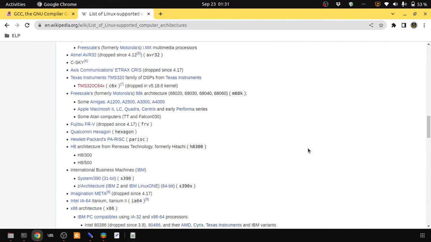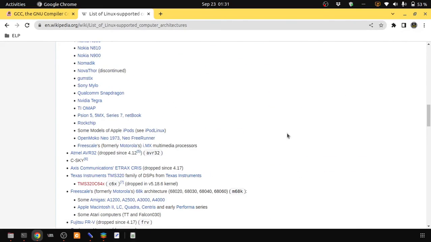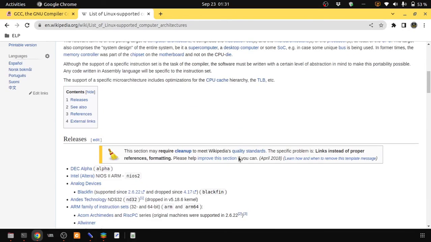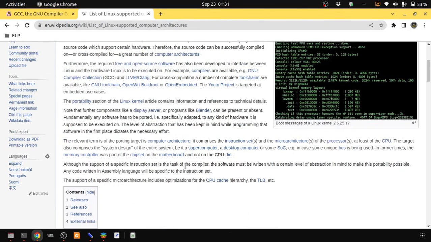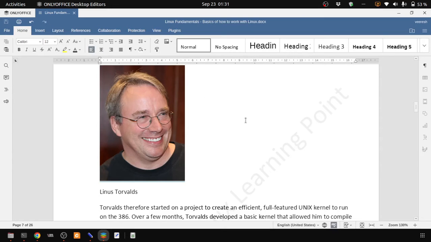Okay, so now it's ported to virtually every, I would say every architecture that's available today. So that's the advantage of Linux as well.